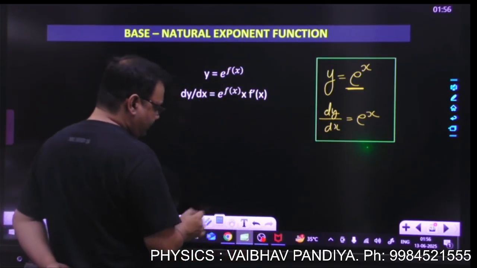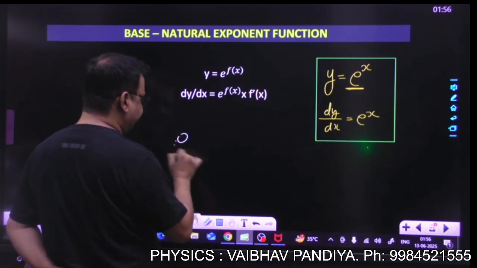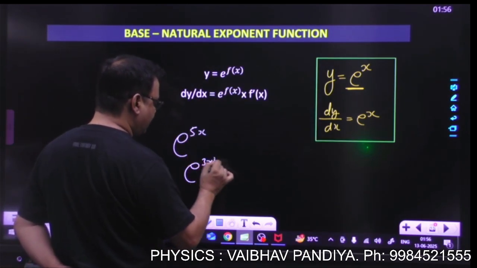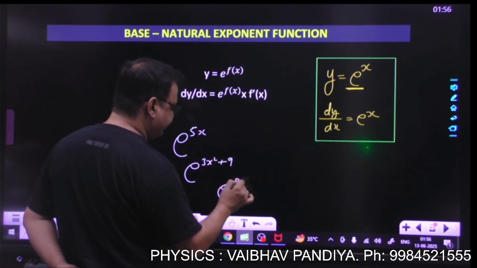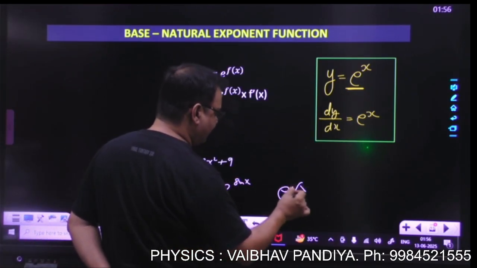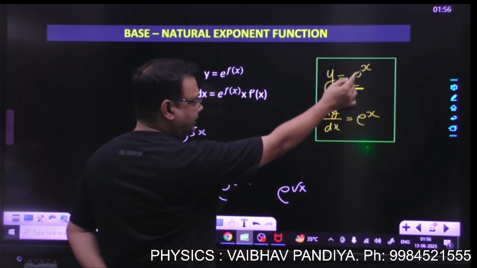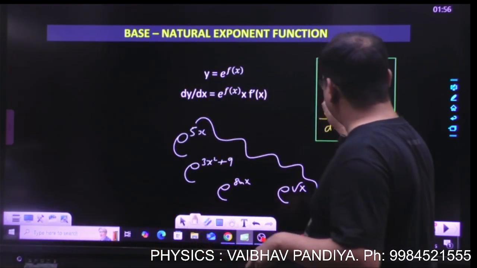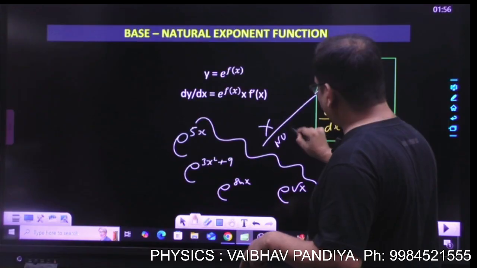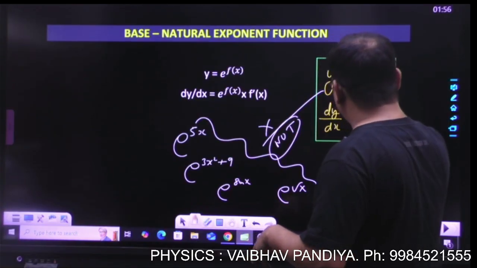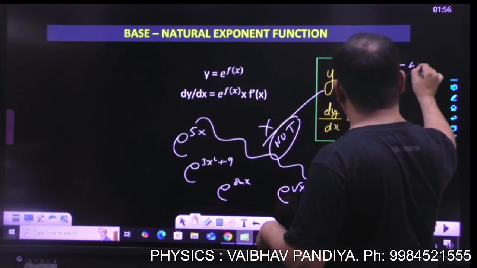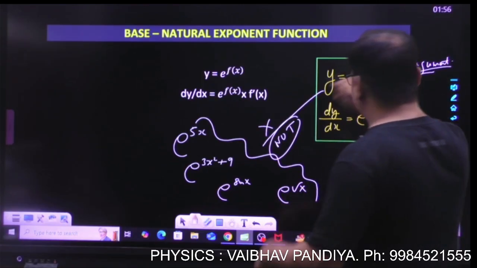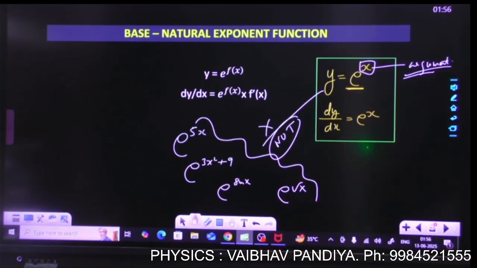Now suppose you have something like e index 5x, e 3x square plus 9, e index sin x, e index root x. If you see all these exponential functions, they are not of this form, because here the power is simply x, and this is called the argument. This quantity, the power, is called the argument of the natural exponent.